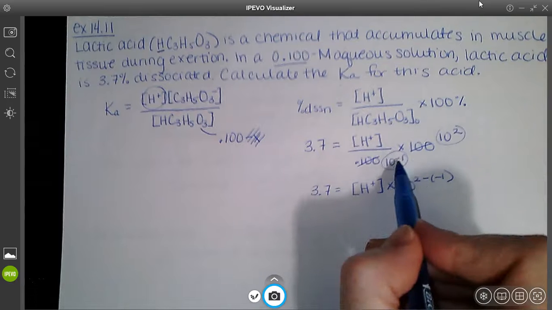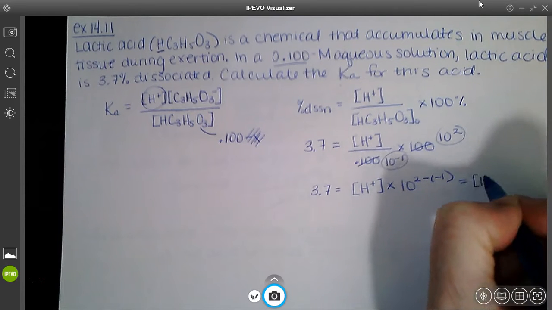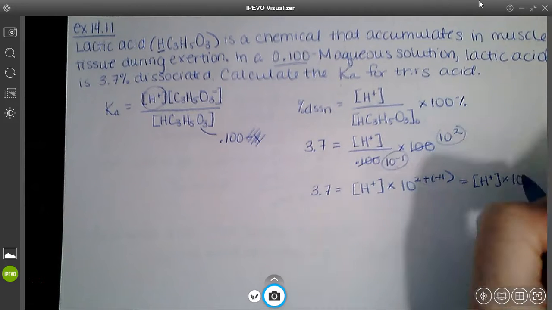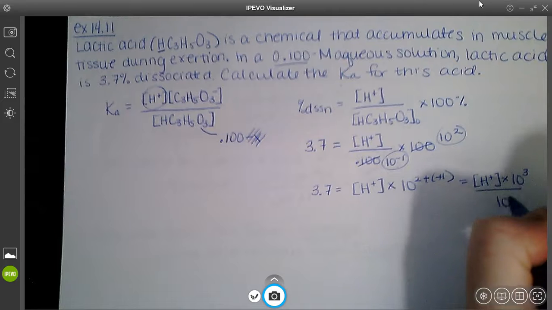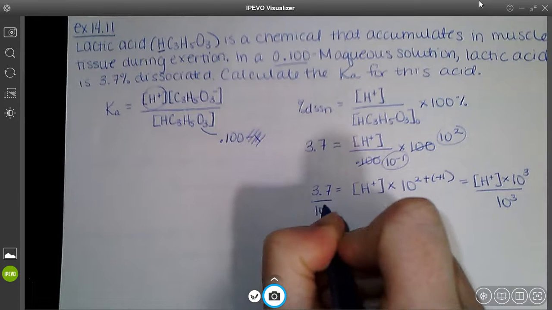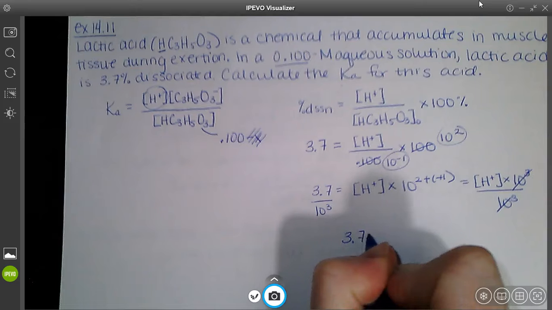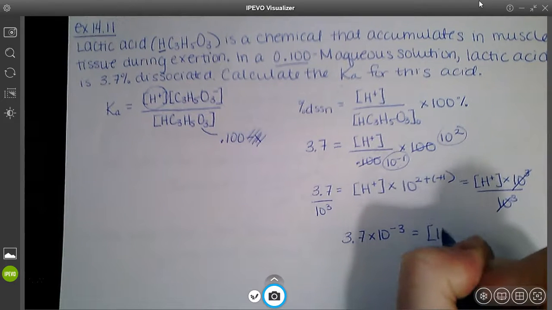So it's minus your exponent when it's on the bottom. So this is H+ times 10 to the third. Now if I want to get rid of this, I have to divide by 10 to the third on both sides. So this becomes 3.7 times 10 to the negative third is your hydrogen ion concentration.